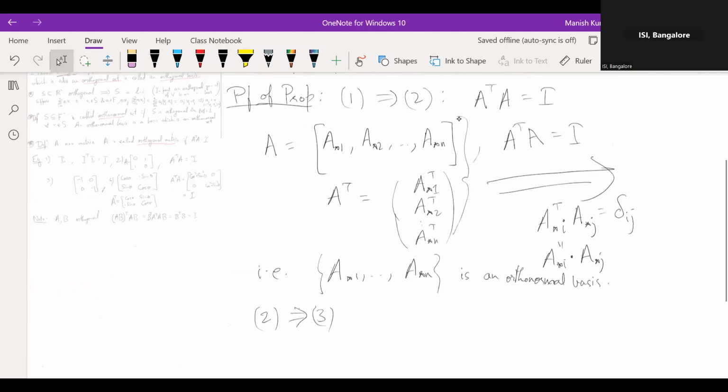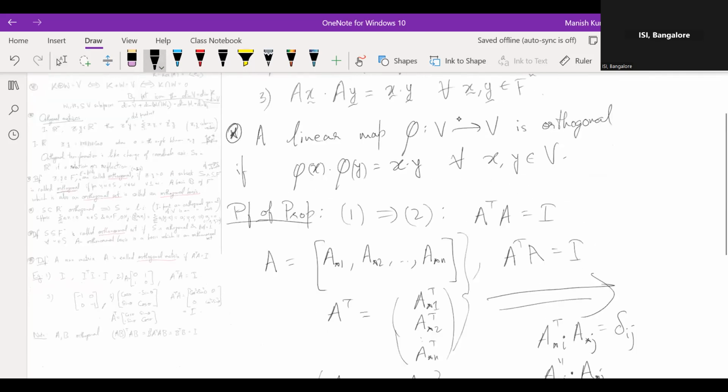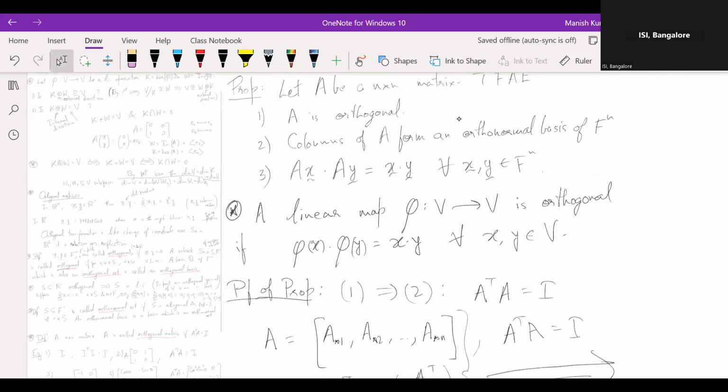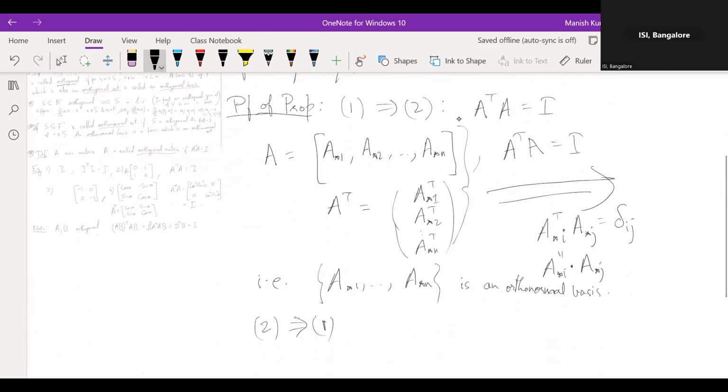So let's prove two is equivalent to one, and then maybe one and three are closer. So yeah, let's just do two implies one, and then we will do three is equivalent to one.